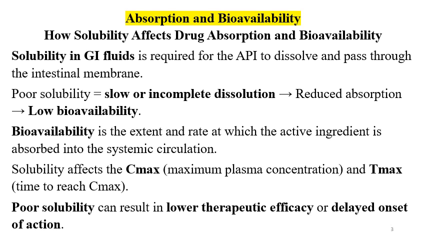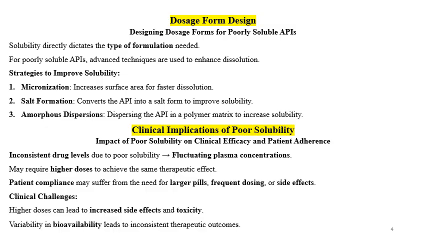Also, the extent of absorption is related to the area under the curve in the bioavailability studies. Poor solubility can result in lower therapeutic efficacy or delayed onset of action. So, if the formulation is required to be designed for immediate effect or faster action, then the API should be designed to have higher solubility and a faster dissolution rate.